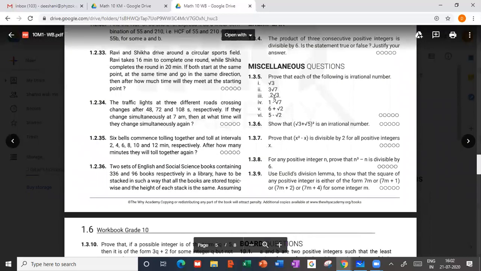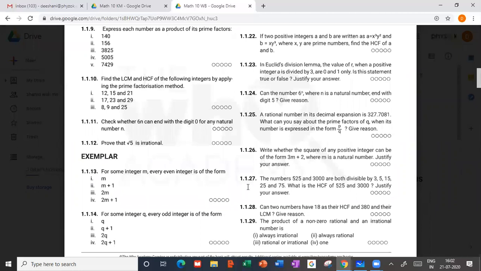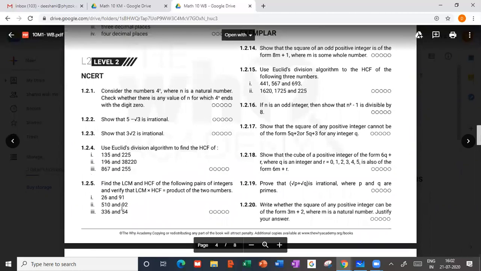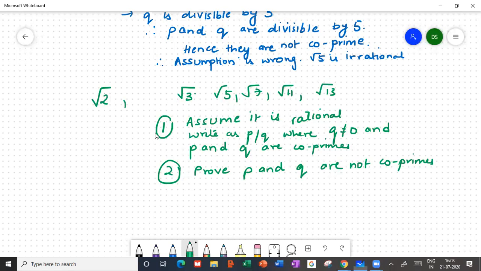So there are only 3 here. That is one kind of proof question. The other one is like this: prove that 5 minus root 3 is irrational. I'll show you how to do that kind of question also.